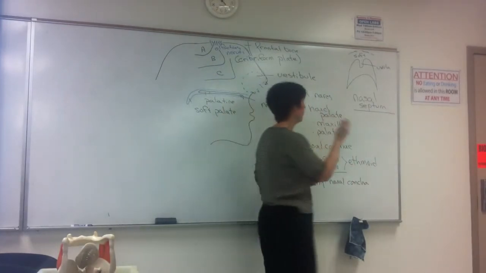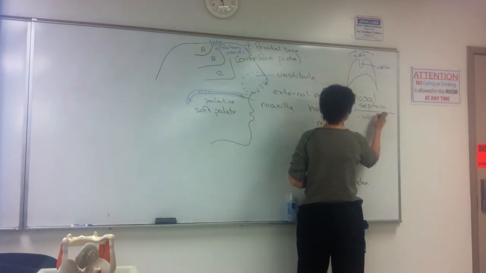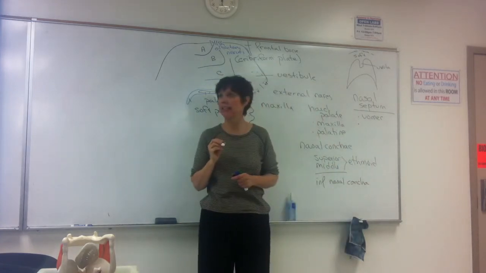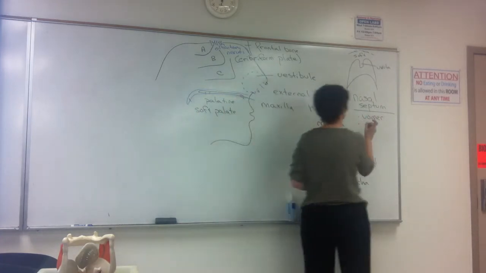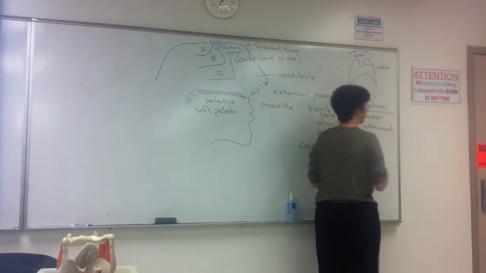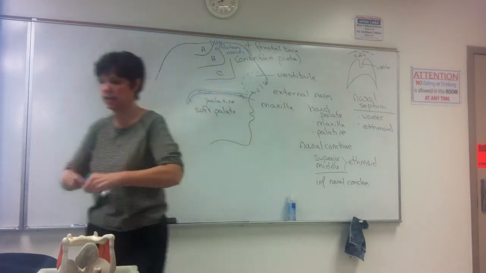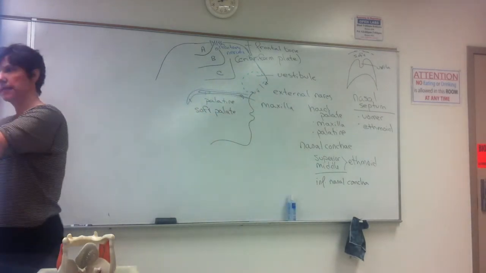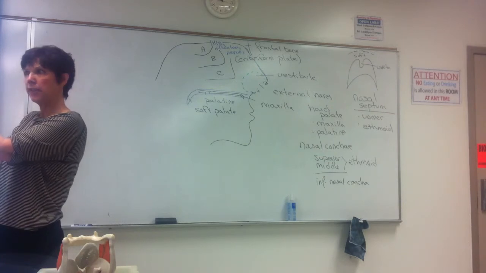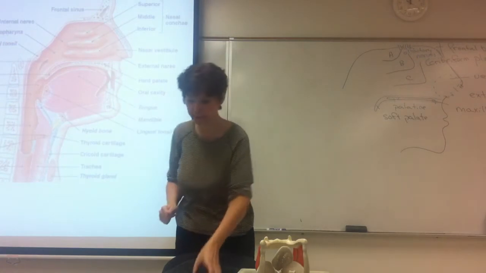The vomer and the perpendicular plate of the ethmoid. The perpendicular plate of the ethmoid forms the more superior aspect, and the vomer forms an inferior, and cartilage fills in the space between them. Okay.